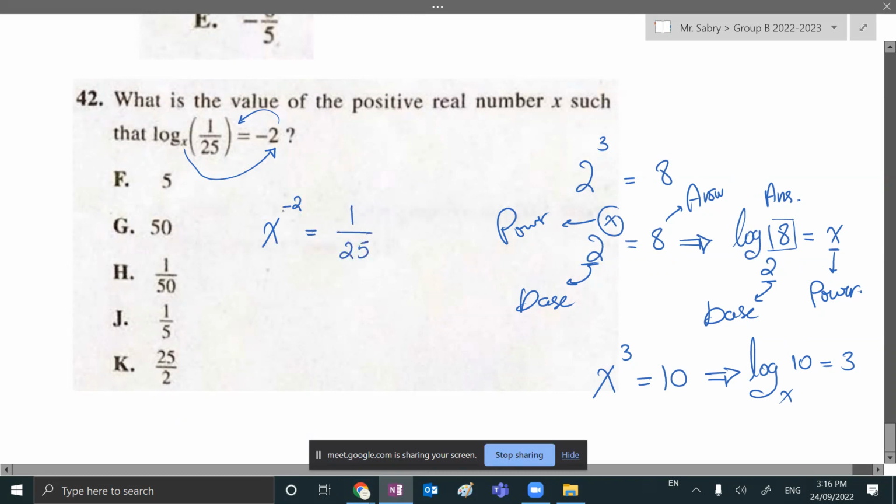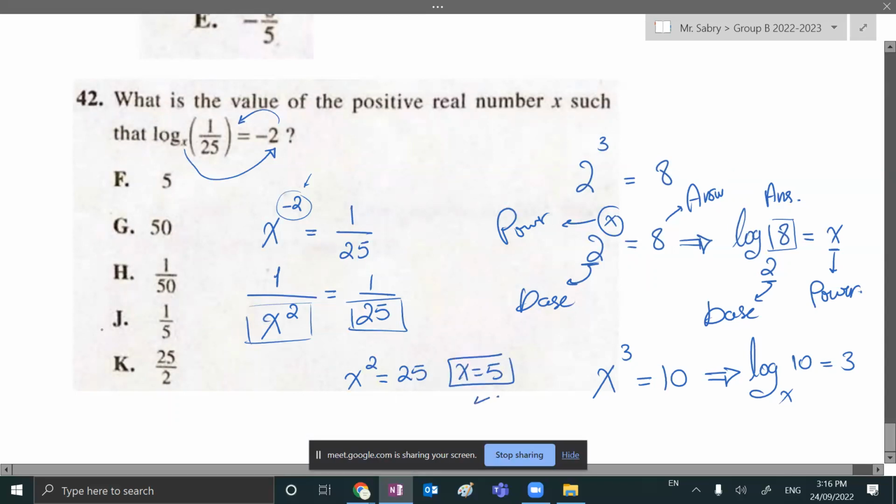Now, earlier we said that whenever we have a negative power, it should be switched to a positive power by moving it to the denominator. So that gives me the impression that x squared is definitely equal to 25. If x squared is equal to 25, then what's the value of x? It's the square root of 25, which is 5. So the answer is F.